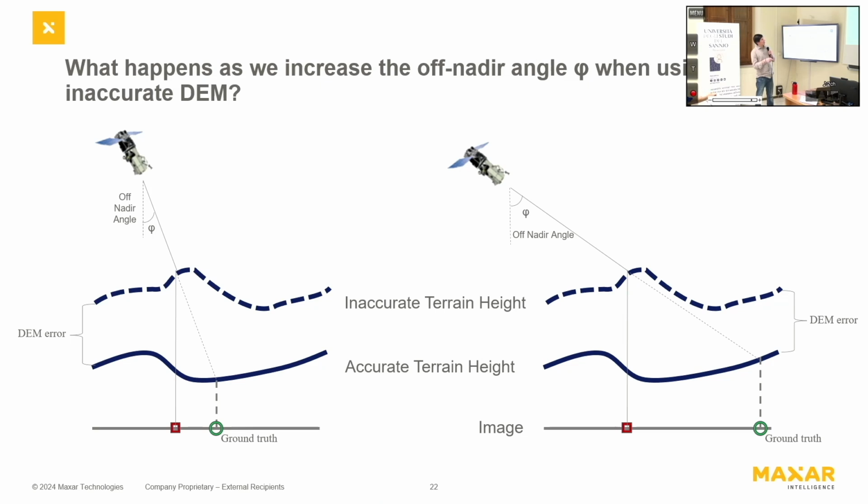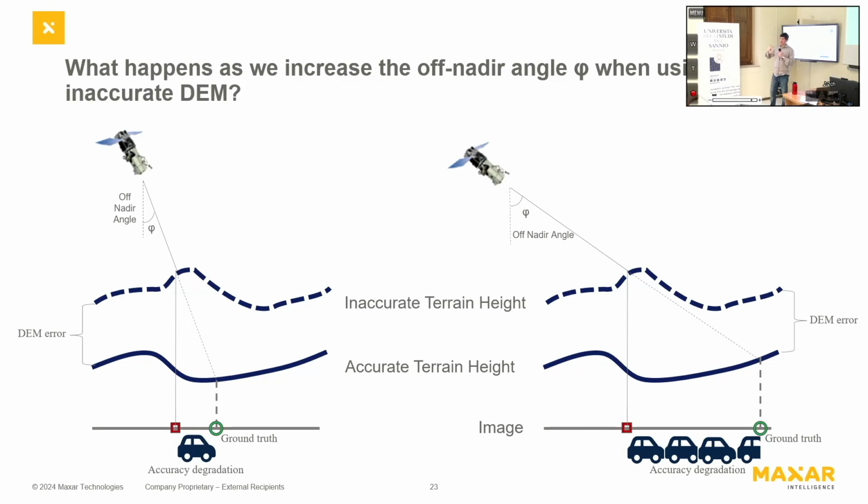So here we have the same inaccurate DEM, and the more off nadir you are, the more this point, it's really this one, gets projected to a different location. And so that smear that you have seen earlier in that image is part of this. Like the Himalayas are very high, right?